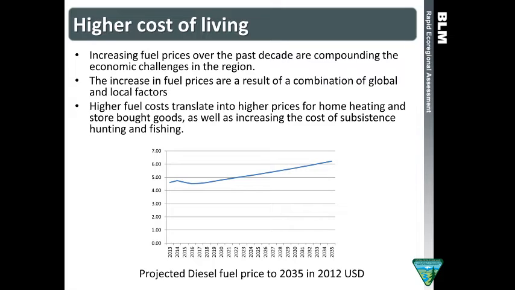So it's very connected, and this graph shows the projected diesel fuel price in 2012 dollars to 2035. This comes from the diesel fuel projections done for the Alaska Energy Authority.